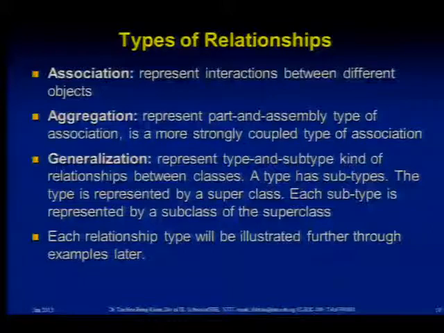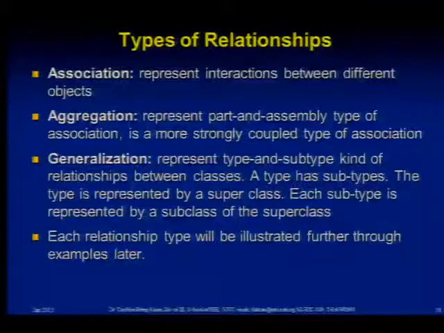For those interactions between different things, we will define an association to specify them. Aggregation is a special type of association. It's a part-assembly kind of association, a more tightly coupled kind of association. We will discuss that also in a subsequent slide.